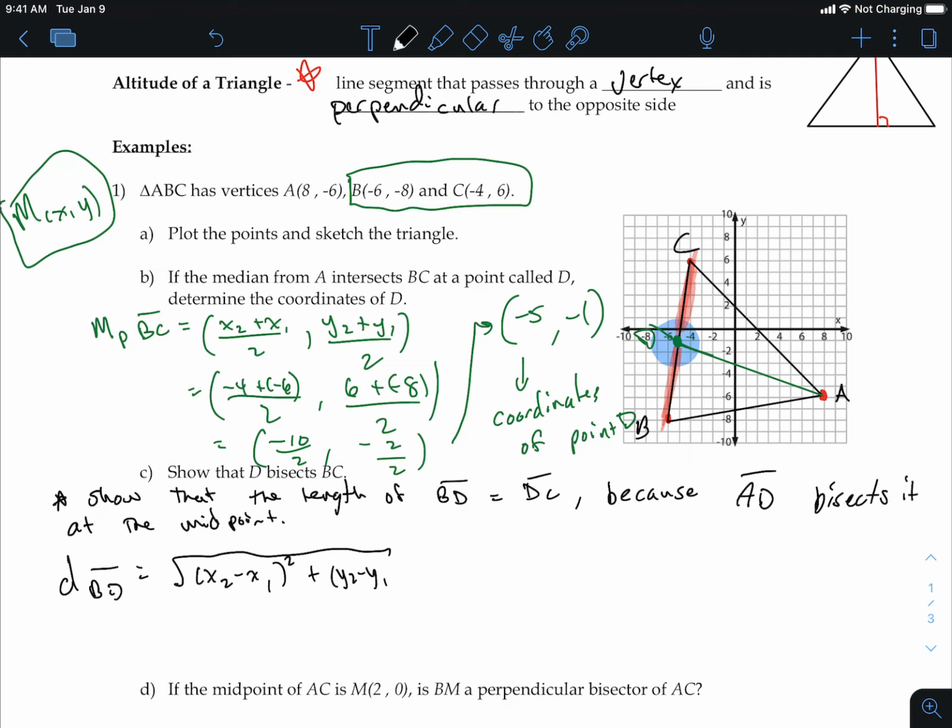Are you looking for the length of BD again? Yeah. If 5,1 is truly the midpoint, then I better get two equal pieces here. So we're going to use point D, because that's what we just solved for. We're going to plug in the points.